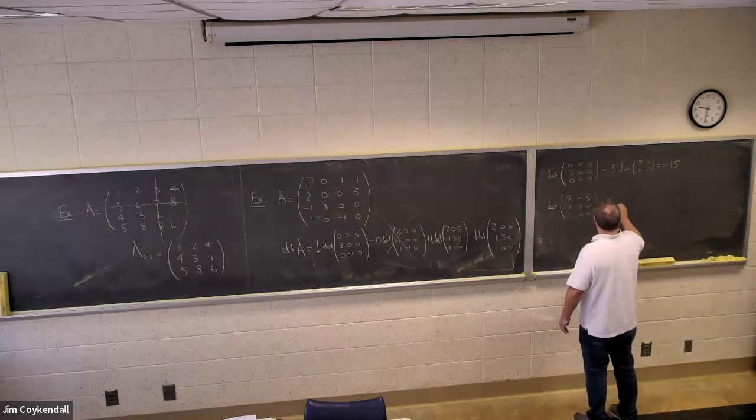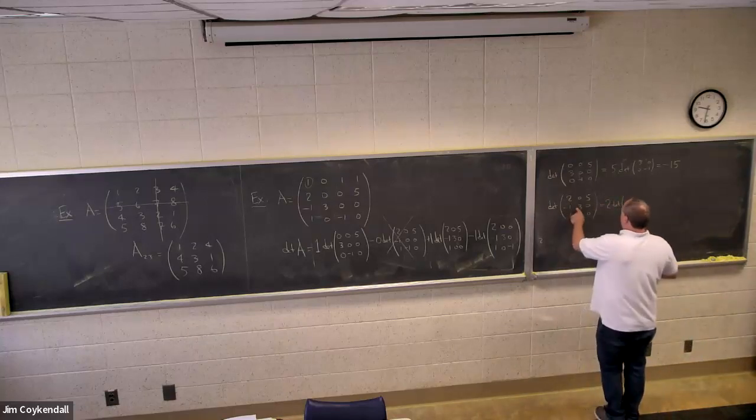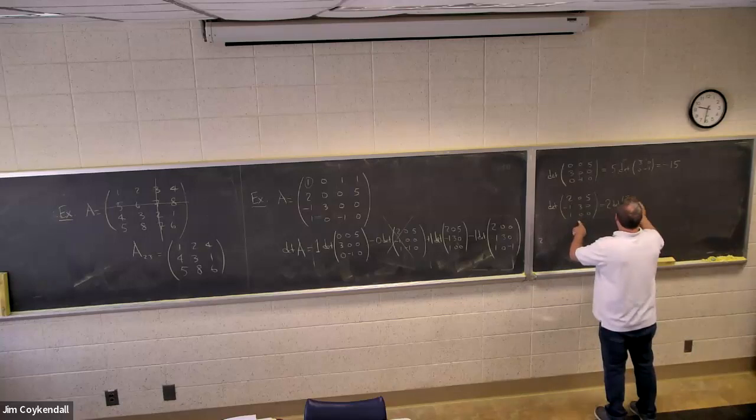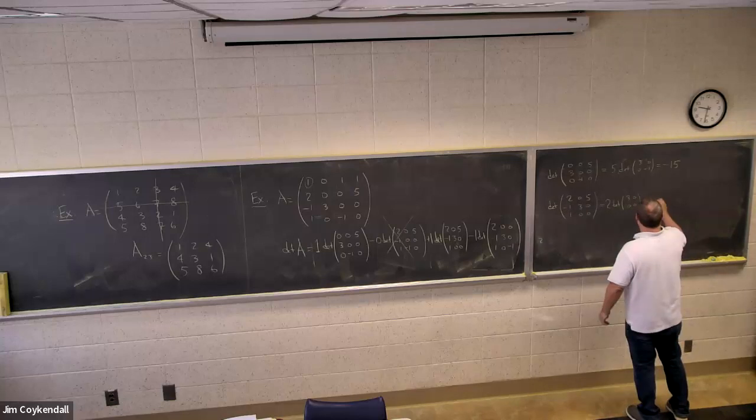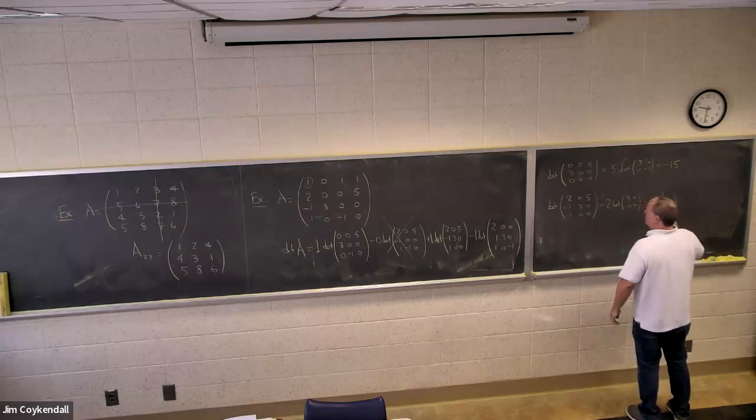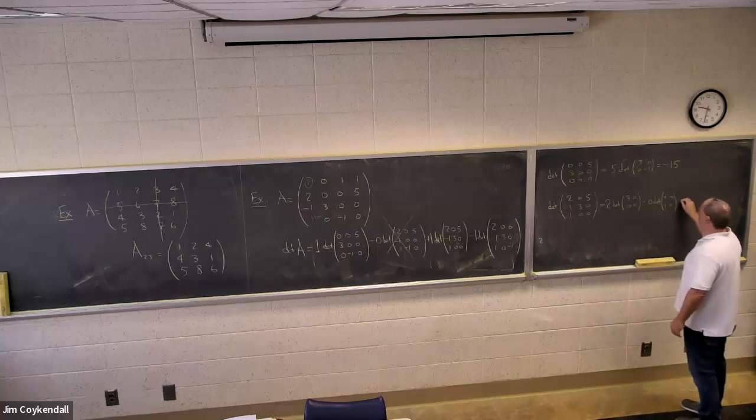This should be 2 times the determinant of. I have a class to go. 3, 0, 0, 0. 0 in the middle. Minus 1, 0, 1, 0. That's 0 anyway.